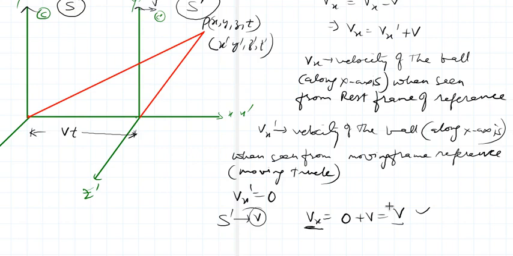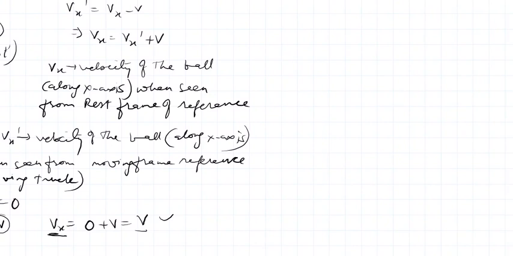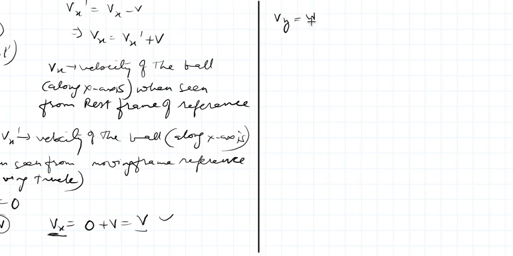Now let me go to the next part. As I know that Vy is equal to Vy prime, but the ball is thrown vertically upward.